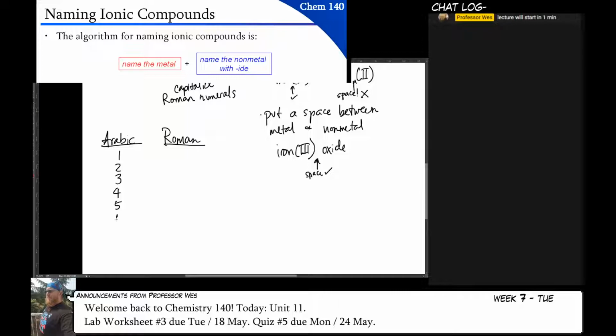Not that it grew too big. We're not going to go down to 10, but I'll include it anyway.